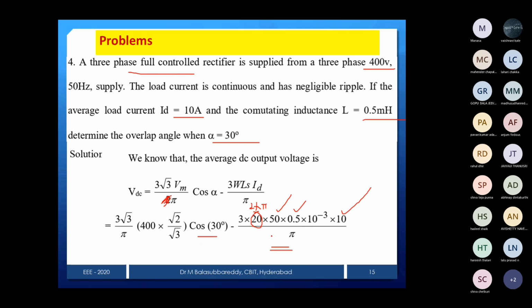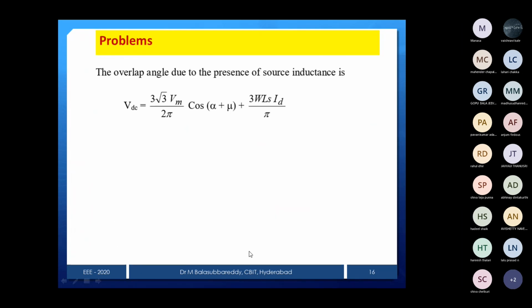So if you do this substitution, you can see that we get VDC as 466.318. Once you know the VDC, as usual, you can easily calculate the mu overlap angle.